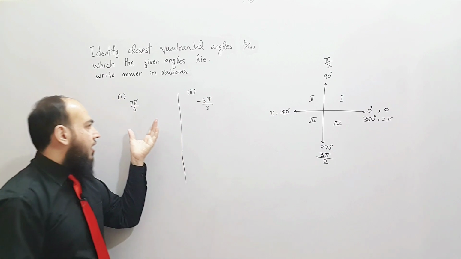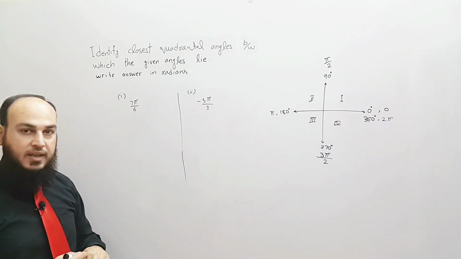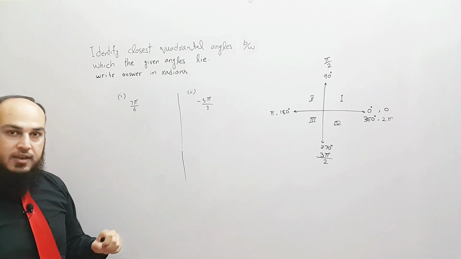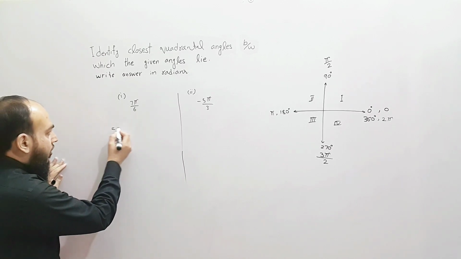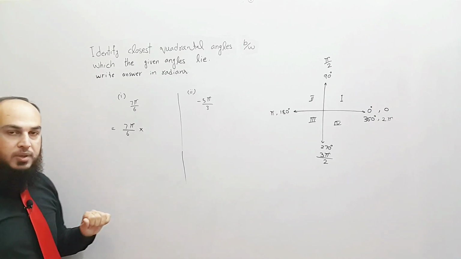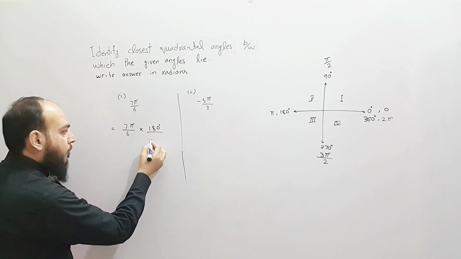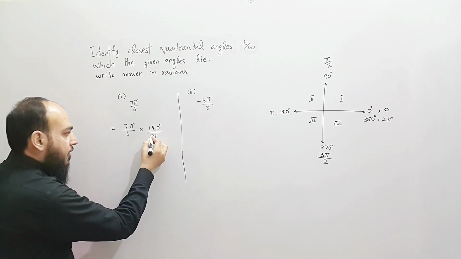Okay, first of all I'm going to convert it into degrees, then you can identify easily. If you want to convert it into degrees, simply multiply it with 180 degree by pi.